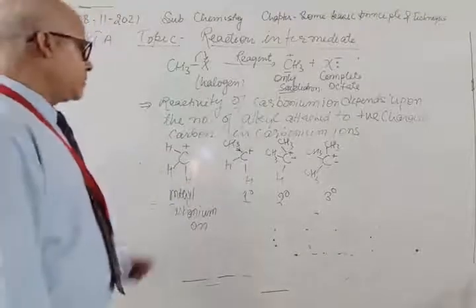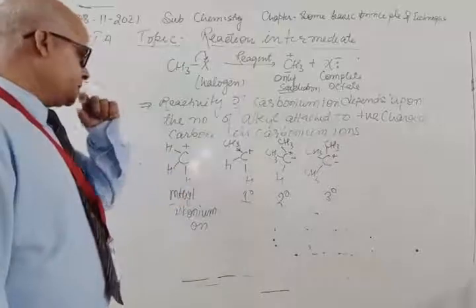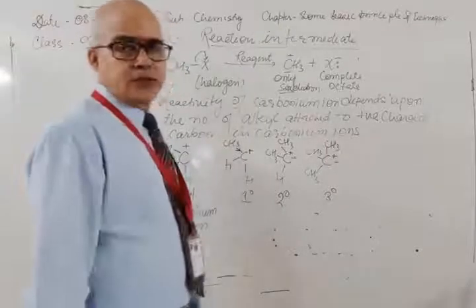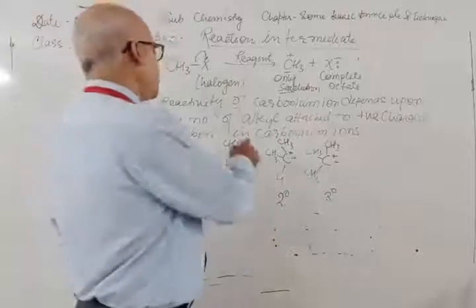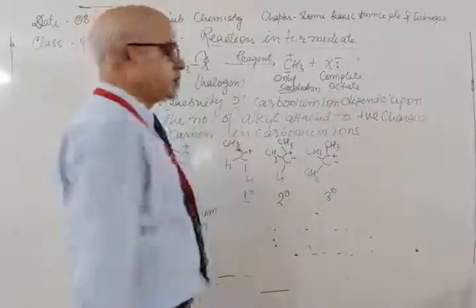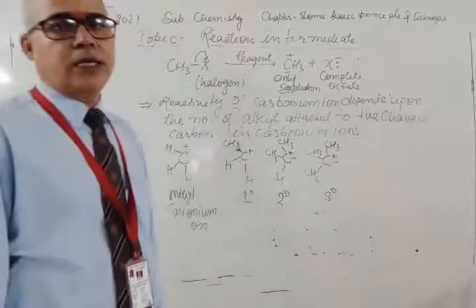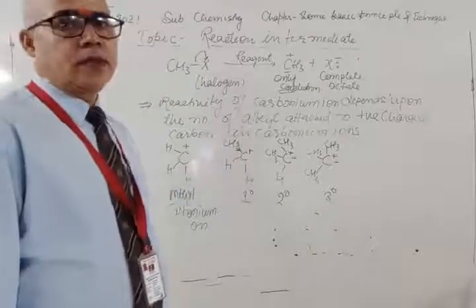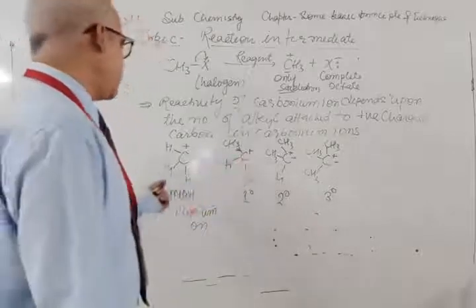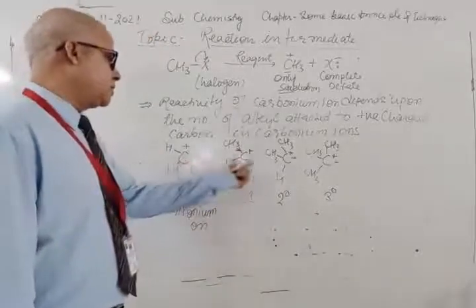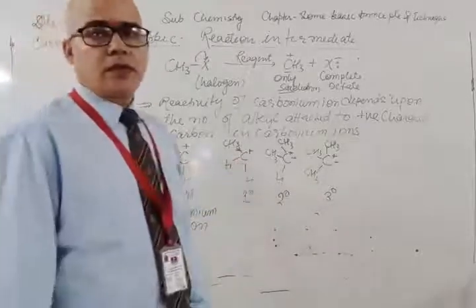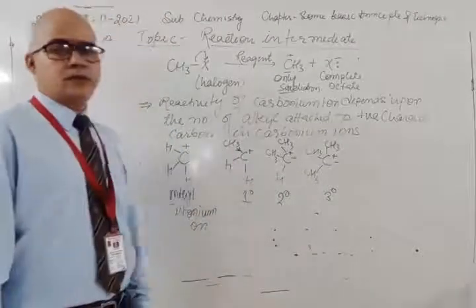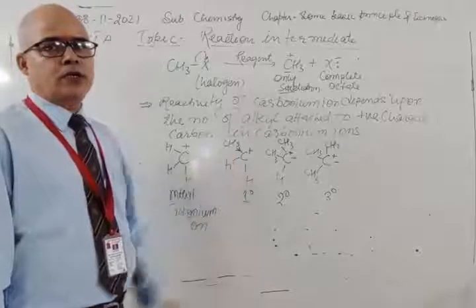In the next one an alkyl group is attached and it can release electrons to the positively charged carbonium ion. Then the requirement of electrons is less in comparison to this one, because that requirement is partly completed by this, but the octet will not be completed.